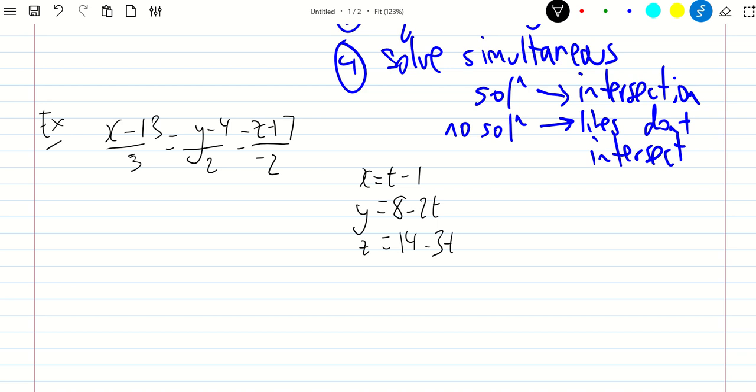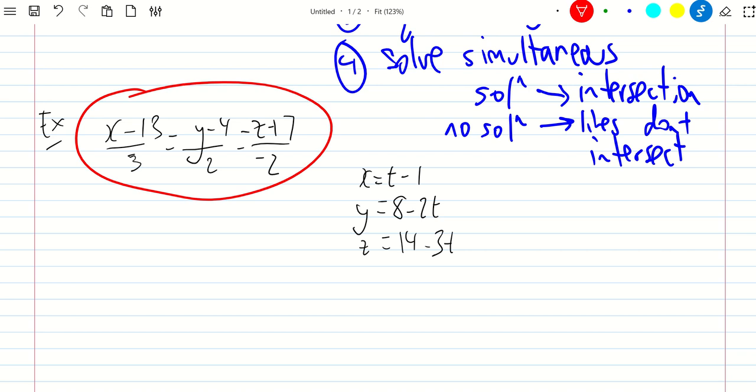Okay. So firstly, our second line here is already in parametric form in terms of t. So I'm just going to leave that one as it is. But with this first equation here, I'm going to rewrite that as parametric. But instead of using t, I'm going to use s as my parameter. And so, like I said before, we can compare them.